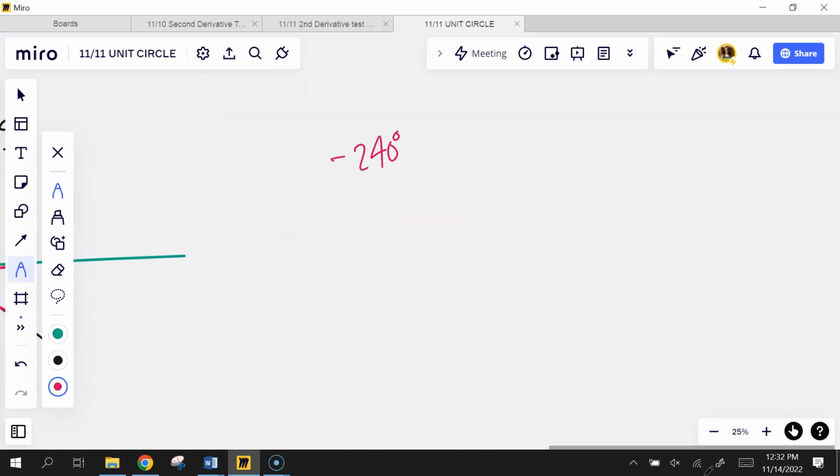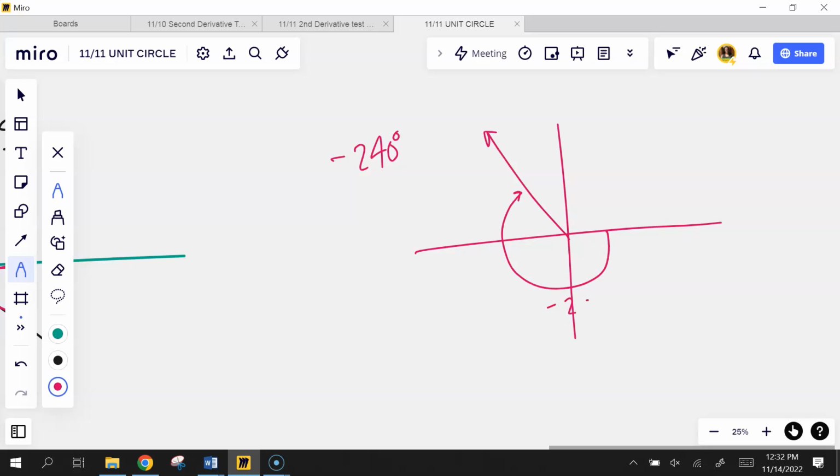How about the next one, negative 240? You have to go backwards. So what quadrant are you in? Quadrant 2. So I went backwards, right? Close.